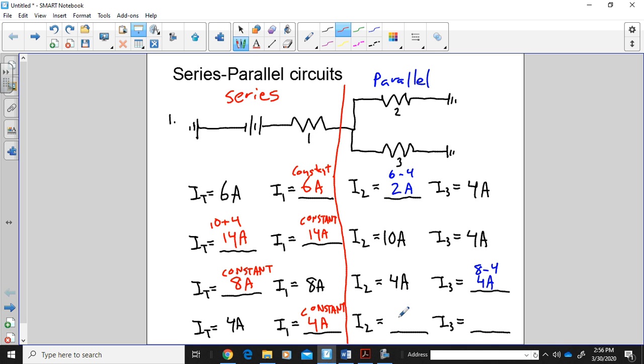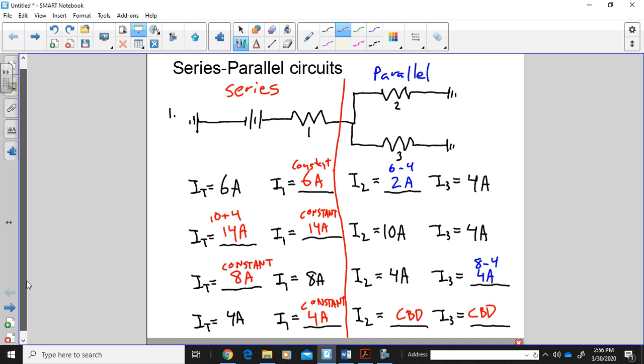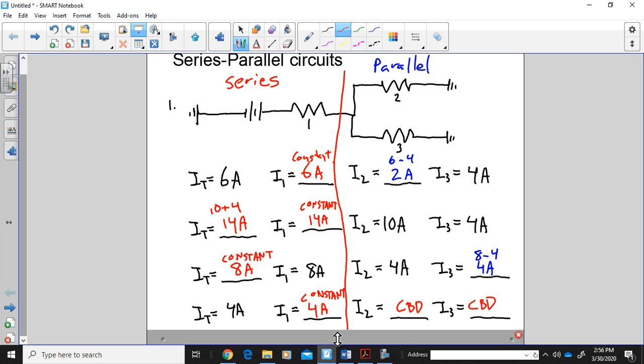We don't know anything about this, so this cannot be determined, which is one abbreviation for CBD. That's current in a series parallel circuit. Let's take a look at the next page.